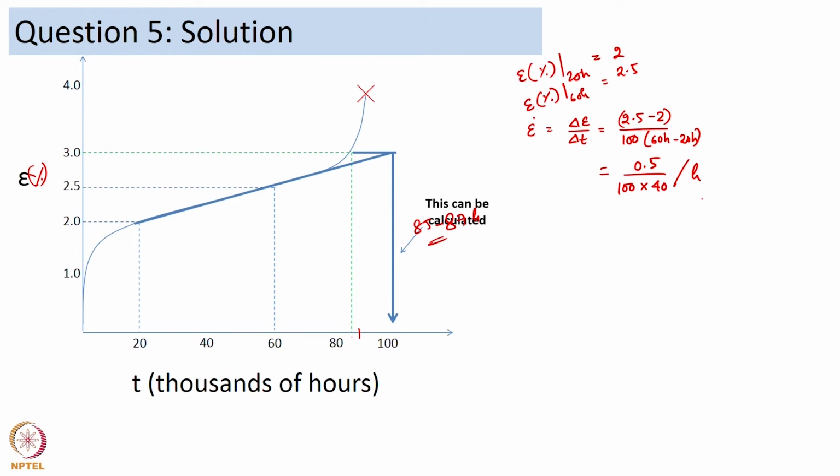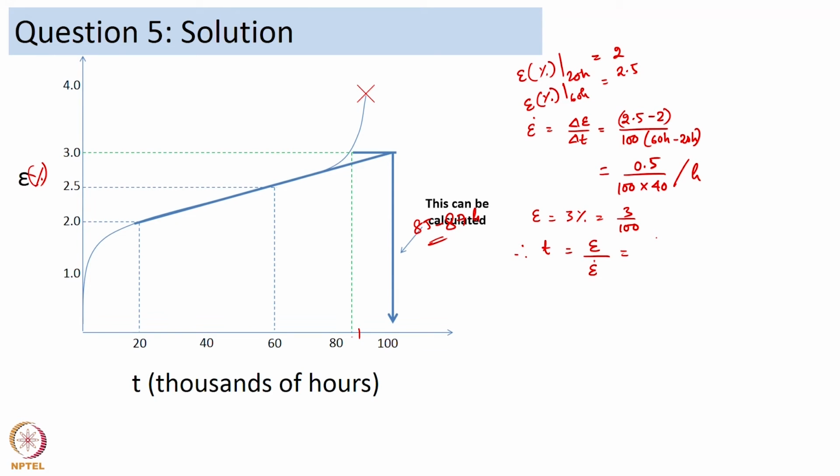Now, your goal is to find out how long it will take to reach 3% creep strain. So, your strain is 3%, that is 3 by 100, and you want to know how long it will take to reach 3%. So, the time taken to reach 3% based on steady state creep rates will be equal to the strain divided by the strain rate.